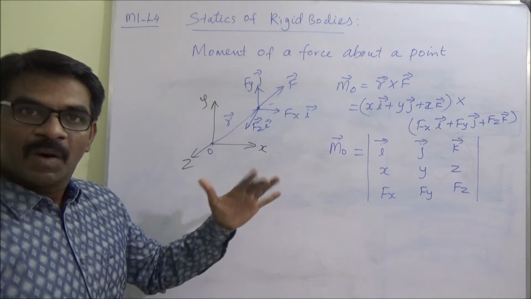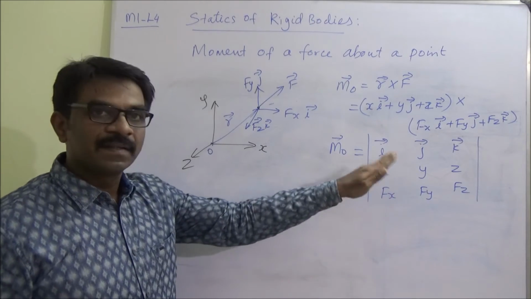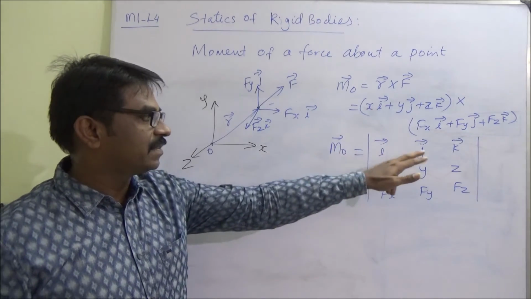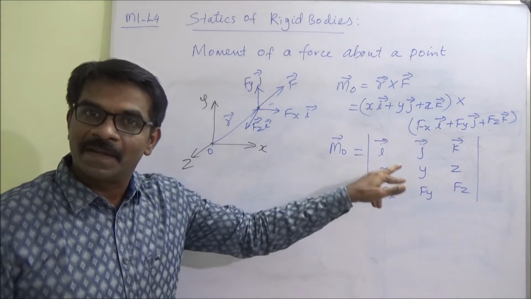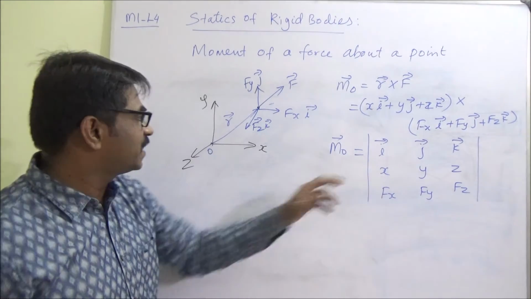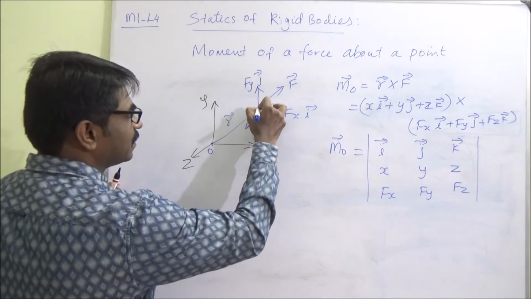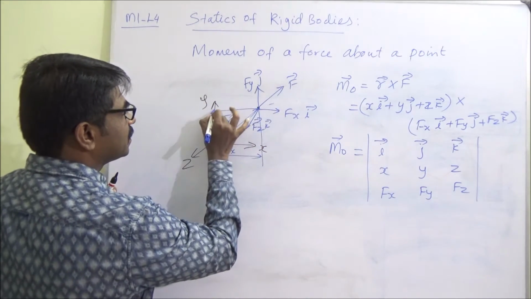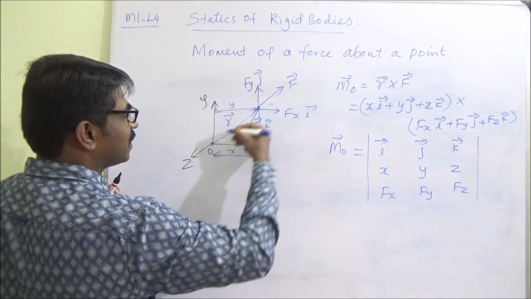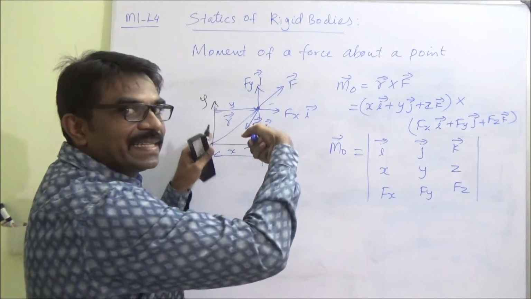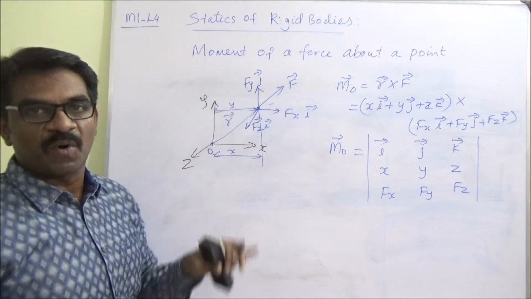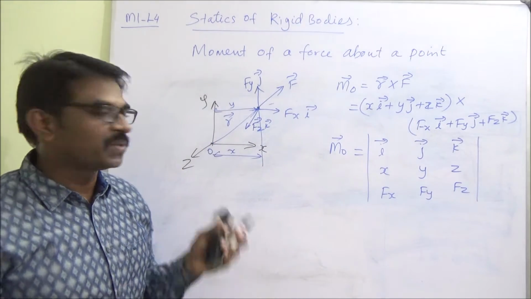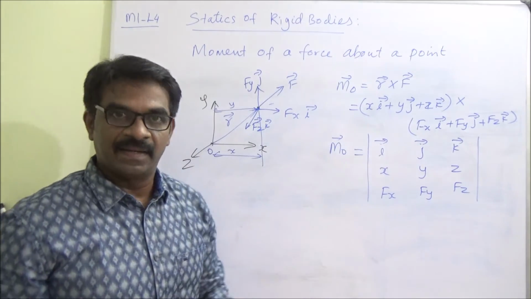Okay, the moment vector can be obtained using this determinant. So what is x? This is the x distance, this is the y distance, and how much z distance with respect to O to this point we need to know.